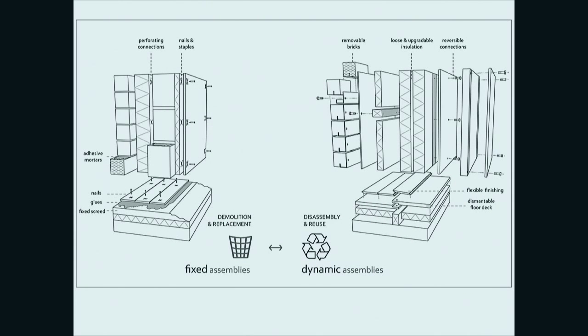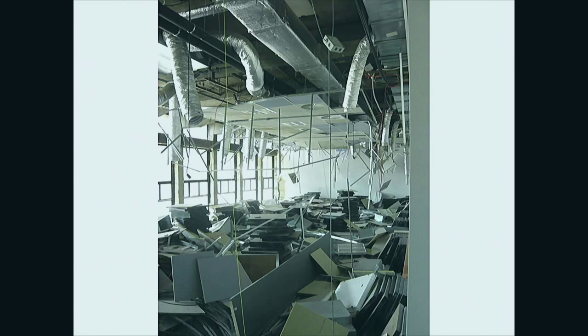Now the irony is that when you talk about office interior elements, these elements are all conceived to be pretty easy to dismount, but that doesn't happen. So there's a kind of gap between what is possible and what is being done.